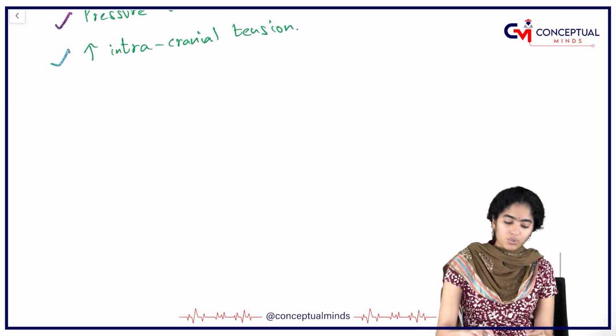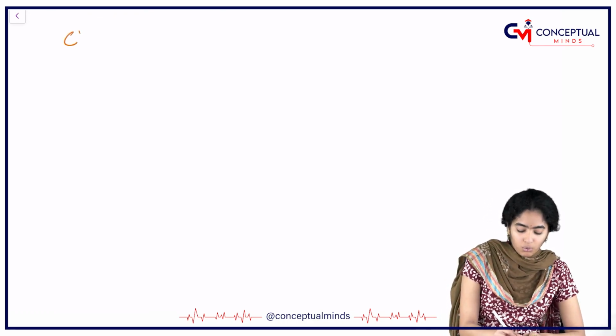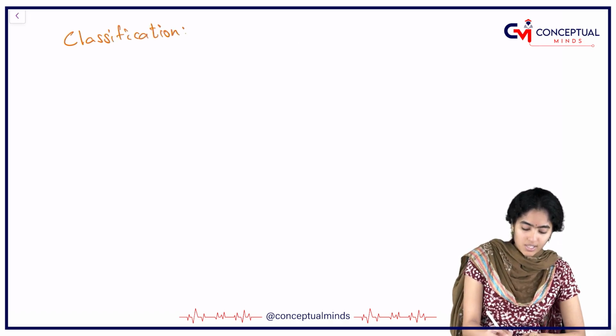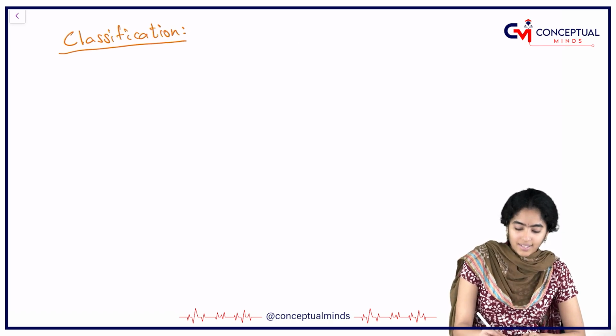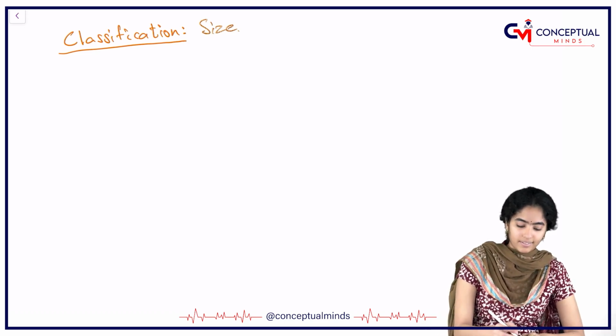Okay. Now acoustic neuroma is classified into various types. And what is the basis for this classification? The size of the tumor is the basis for this classification. So we have 4 categories here.